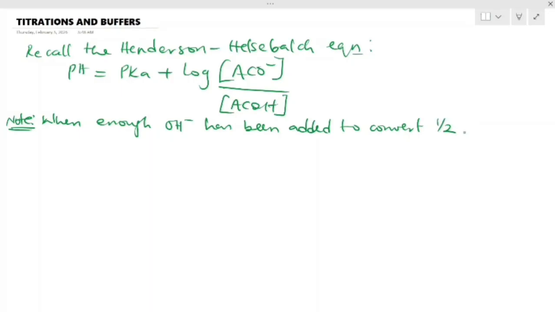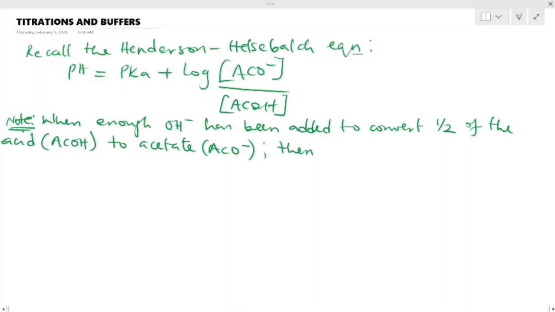The acid, in this case ACOH, to convert half of this acid to acetate, which is your ACO minus, then you have the concentration of the acid equal to the concentration of what? The acetate.